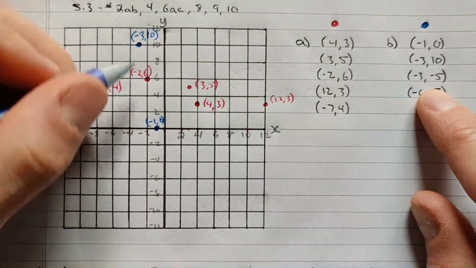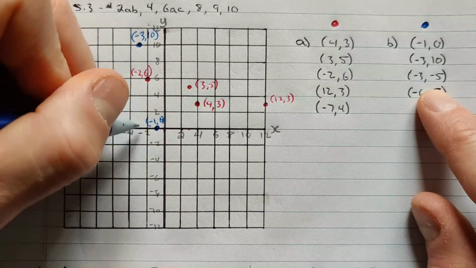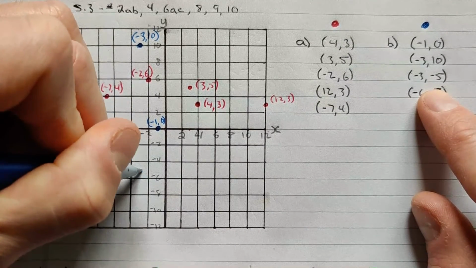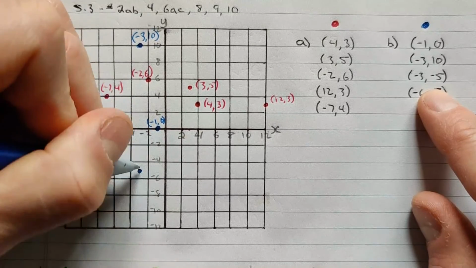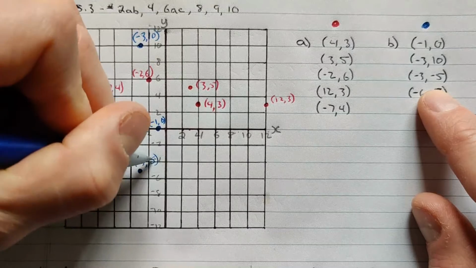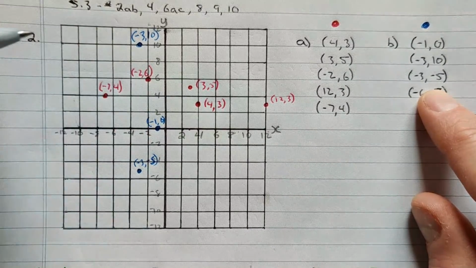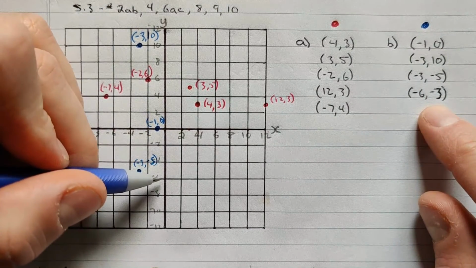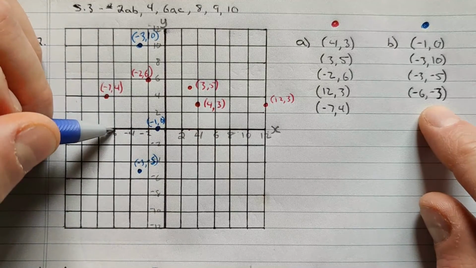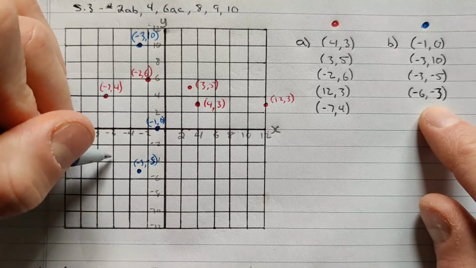The next one is -3 and 10, so that is way up here. And then -3 and -5, so that one goes down to here. So -3, -5. And then the last one is -6 and -3. So we go along the x-axis to -6 and then down to -3.